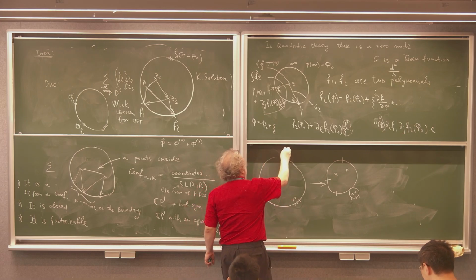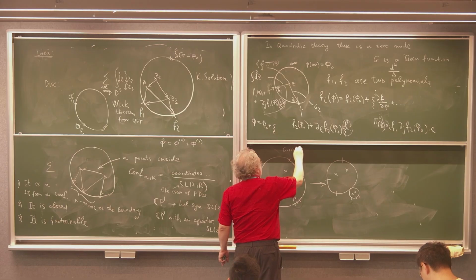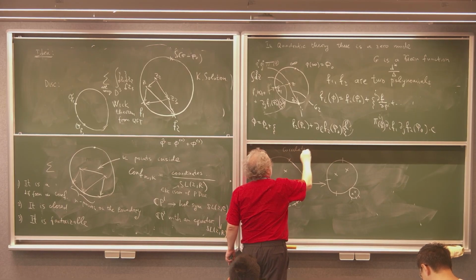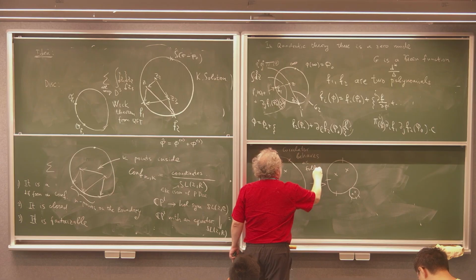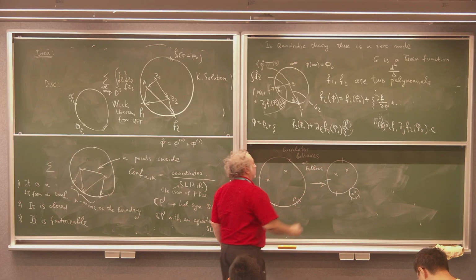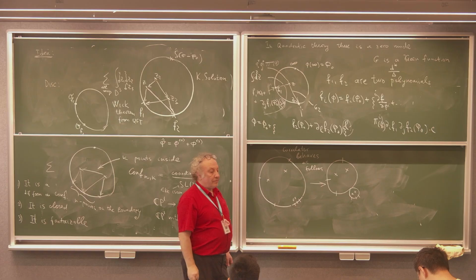So the correlator behaves as follows. This property is called factorization.